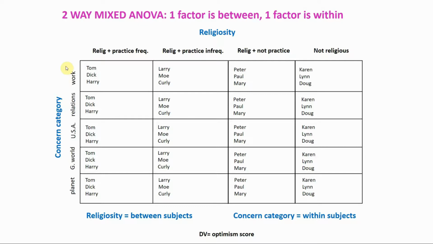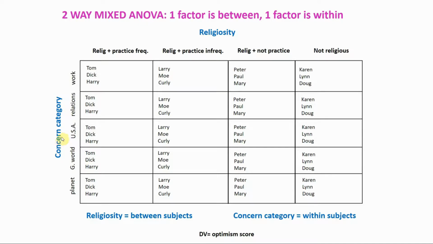So this was our between subjects factor. The next factor that we looked at was concern category, and here we asked people how optimistic they were for their work or career 5 years down the road, their relationships in the future, and that was friends and family, the United States, the global world, and the planet itself.